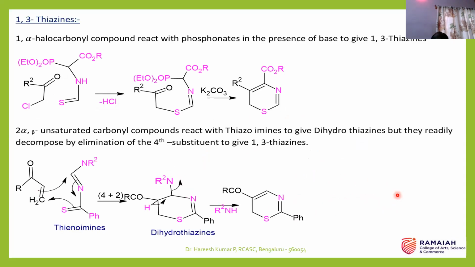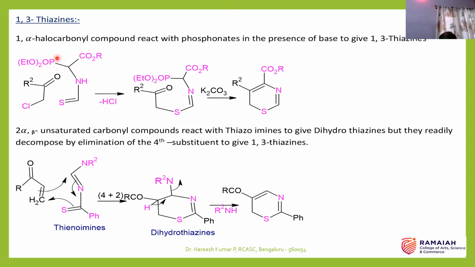Let's look into the 1,3 thiazines. 1,3 thiazine means sulfur and nitrogen at the 1 and 3 positions. You know that this is a carbonyl compound, and the adjacent carbon is called alpha. Here the halo is fluoro, so these are alpha halo ketones, treated with phosphonates, PO(OEt)2, ethoxy two times.